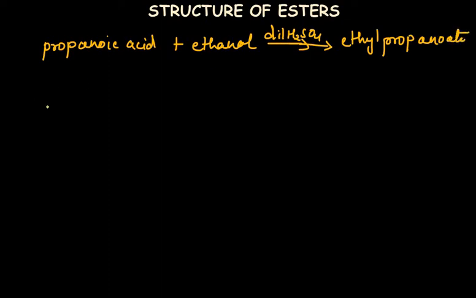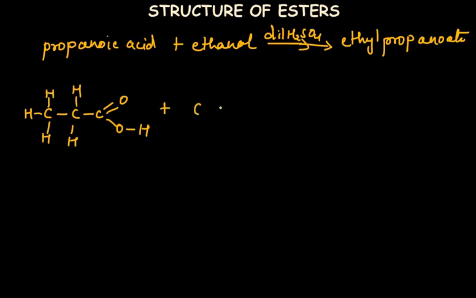So if we draw the structure of propanoic acid, it's 3 carbon in chain. So 3 carbon in chain with double bond O, single bond O and H. So this is propanoic acid, and then let's complete the 4 valency of each carbon with the hydrogen.